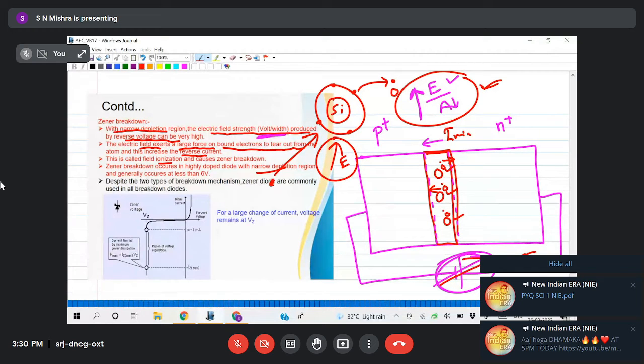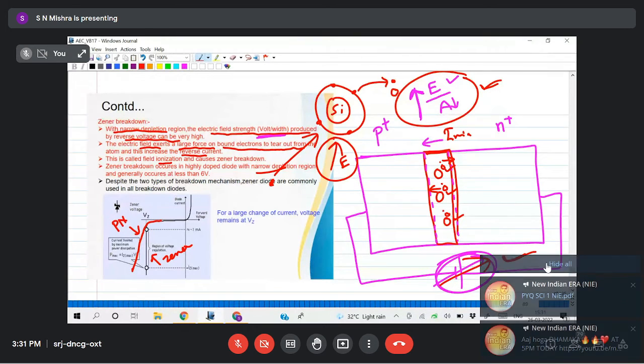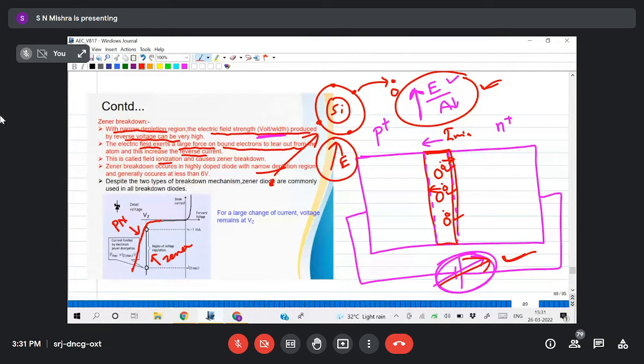And another critical thing you will mark: the Zener diode and PN junction diode characteristic in reverse bias, one difference is there, like this one. So this will be PN and this will be Zener. Do you mark what is the difference? Tell me, what do you observe? What is your observation from these two graphs?